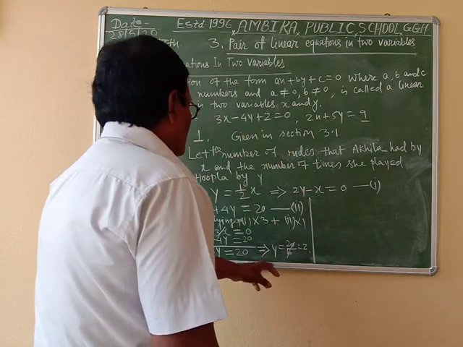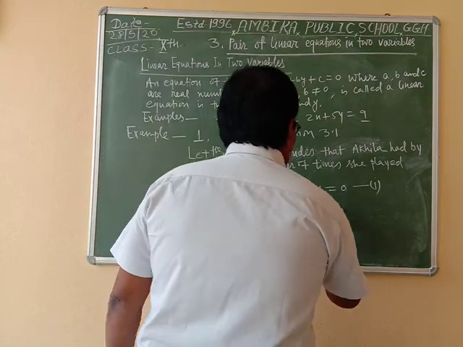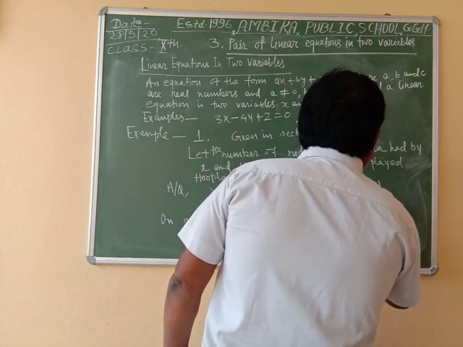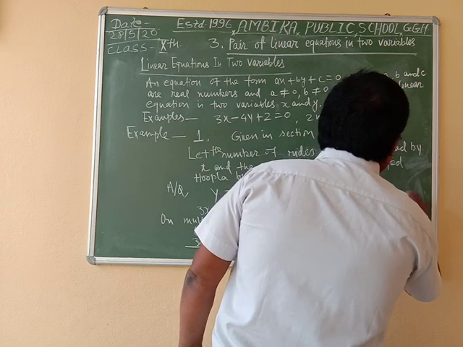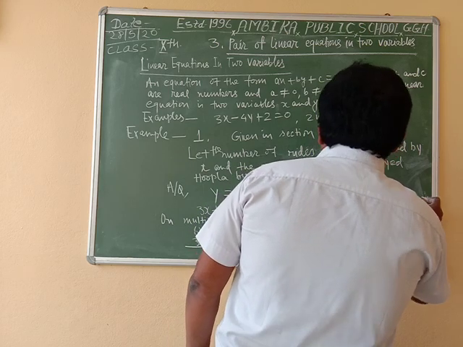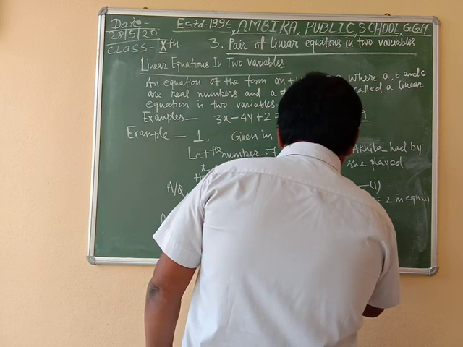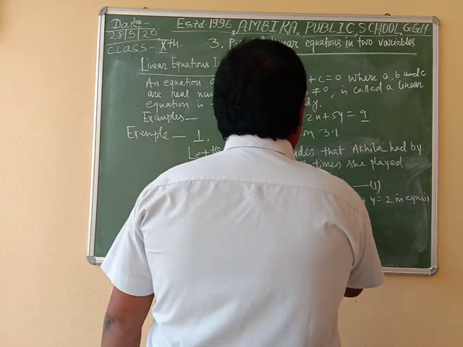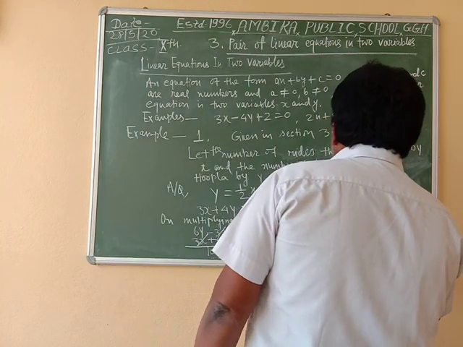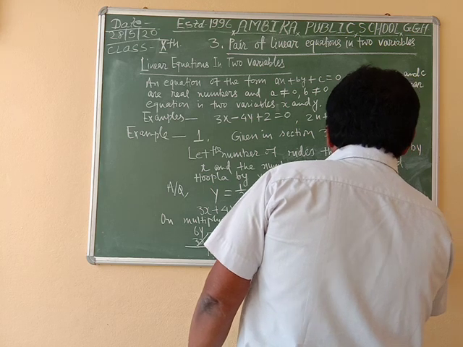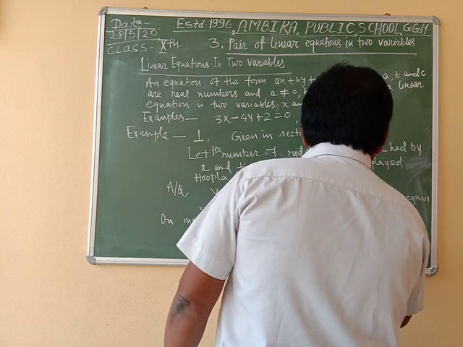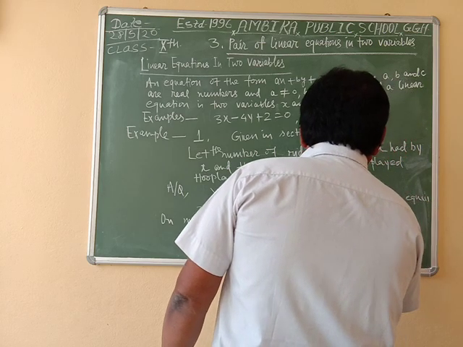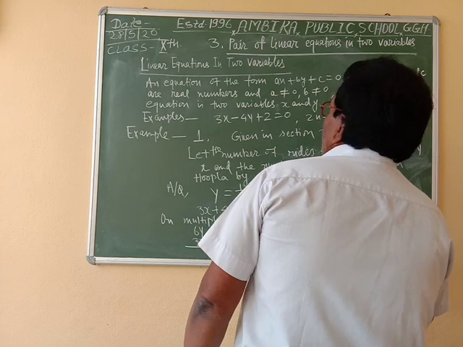On putting the value of y in equation 1, on putting y is equal to 2 in equation 1, we get 2 into 2 minus x is equal to 0. So 4 minus x is equal to 0, so x is equal to 4.